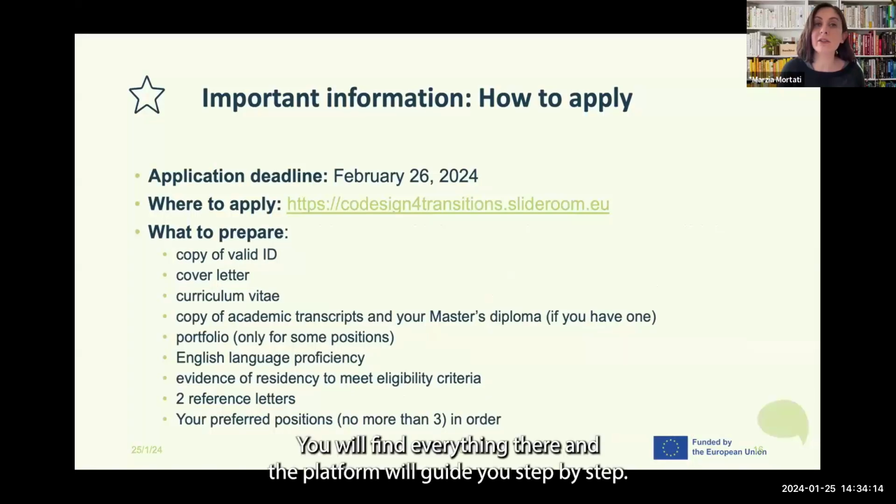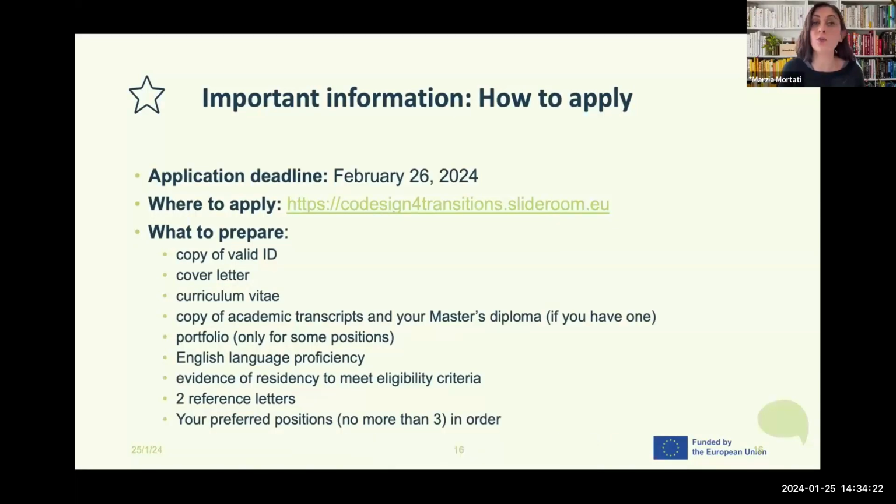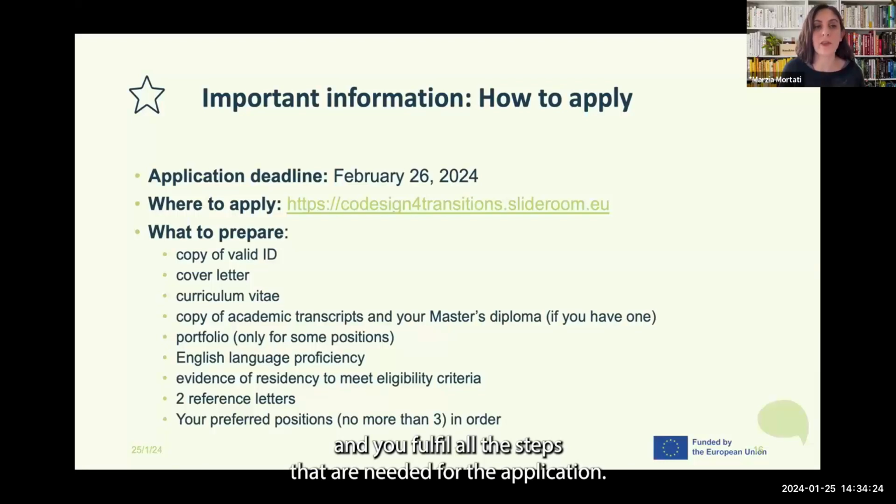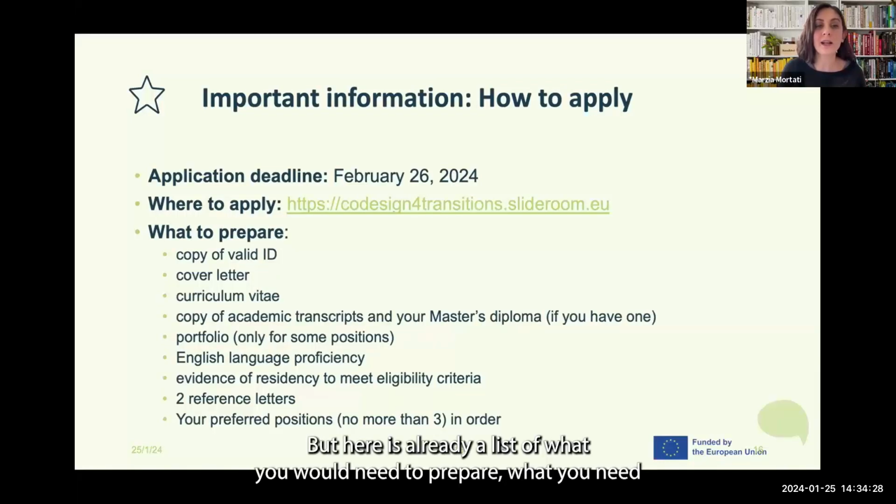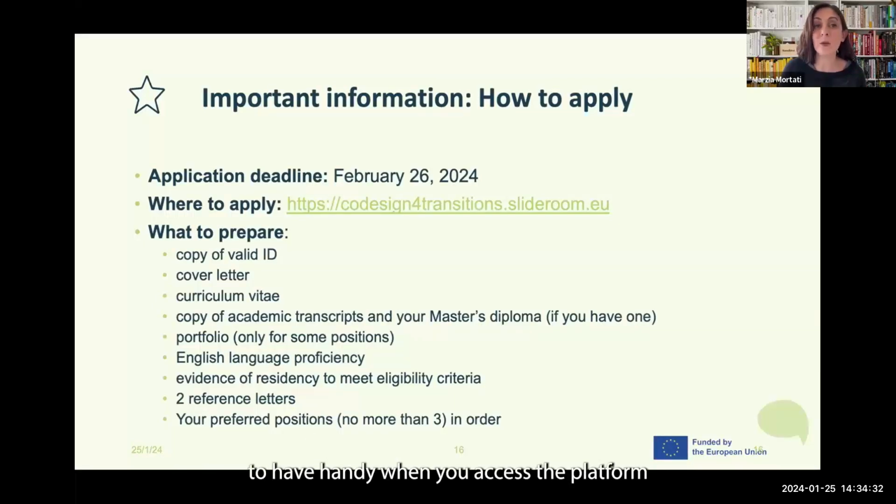You will find everything there, and the platform will guide you step by step, also in checking that you upload all the necessary documents and you fulfill all the steps that are needed for the application. But here is already a list of what you would need to prepare, what you need to have handy when you access the platform and start your application process.